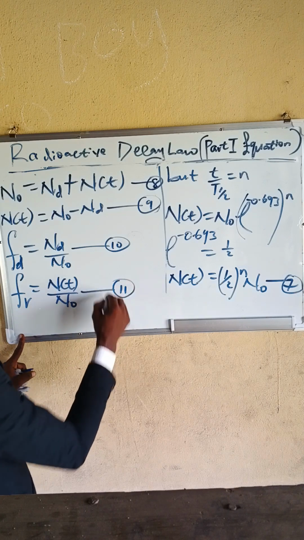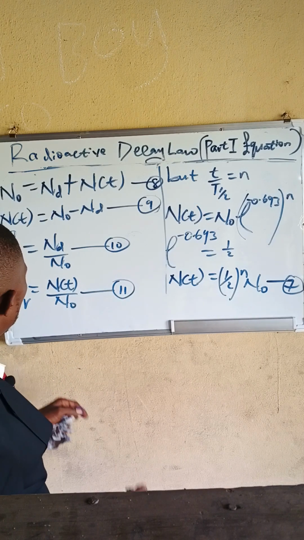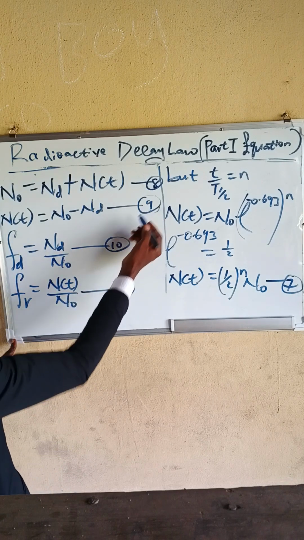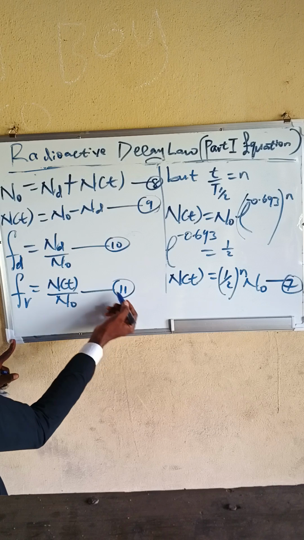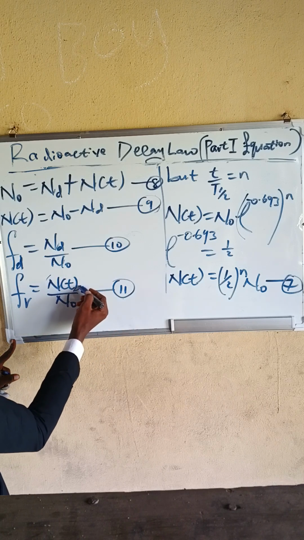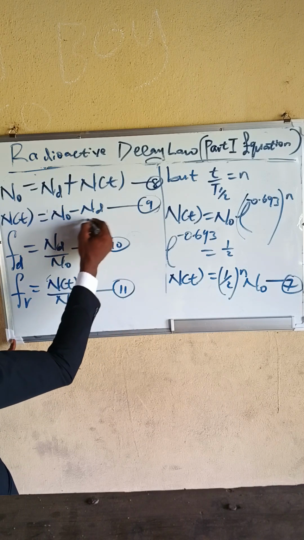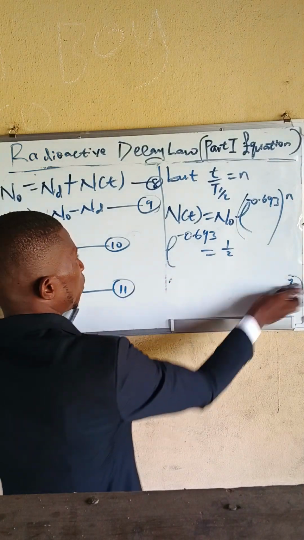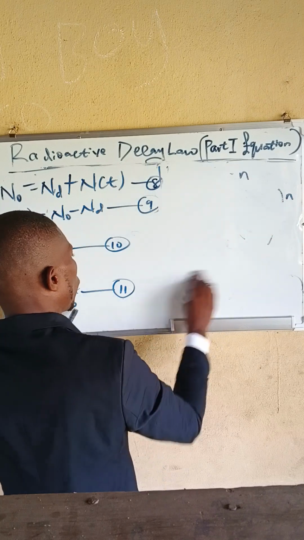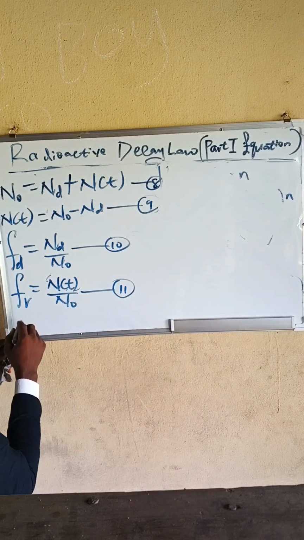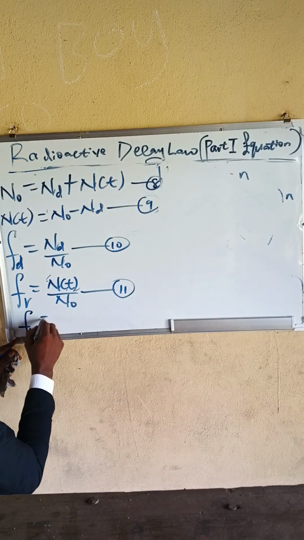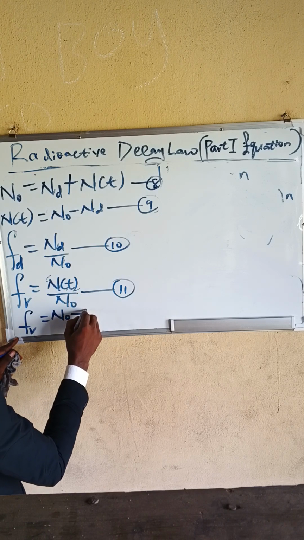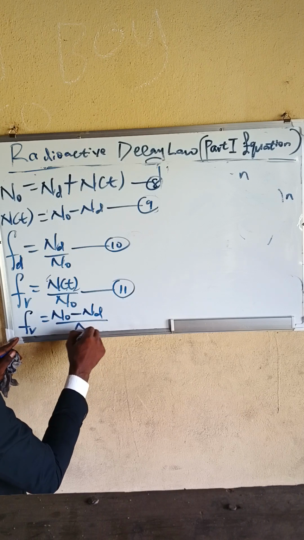Call this equation 11. Now I'm going to substitute equation 9 into equation 11. Wherever I see the number of atoms remaining, I'm going to put this one into this place. If I do that, I will arrive at this. Fraction remaining will give me n naught minus nd over n naught.